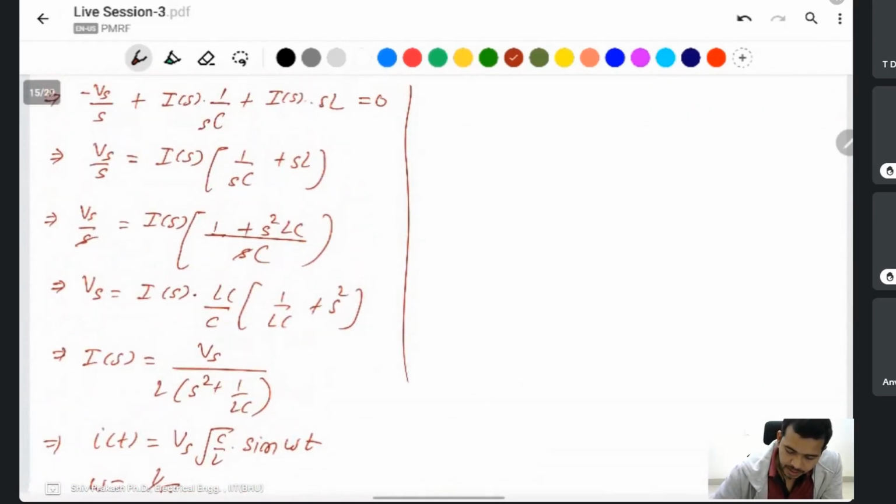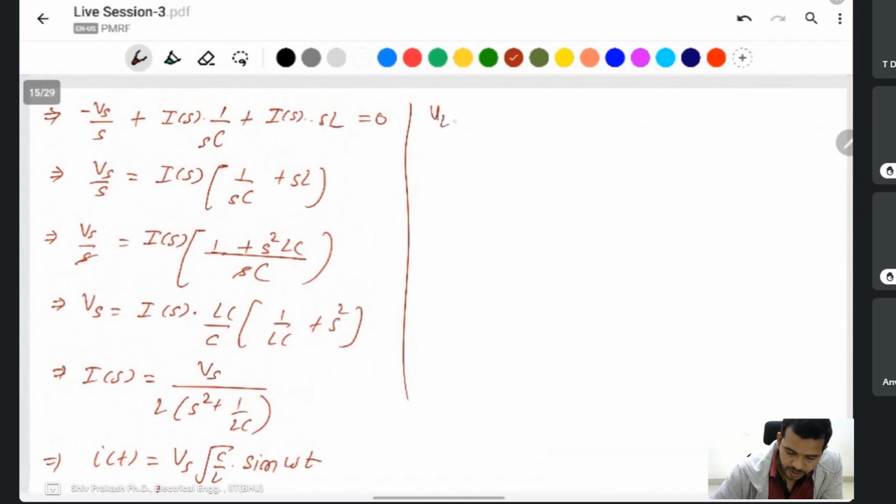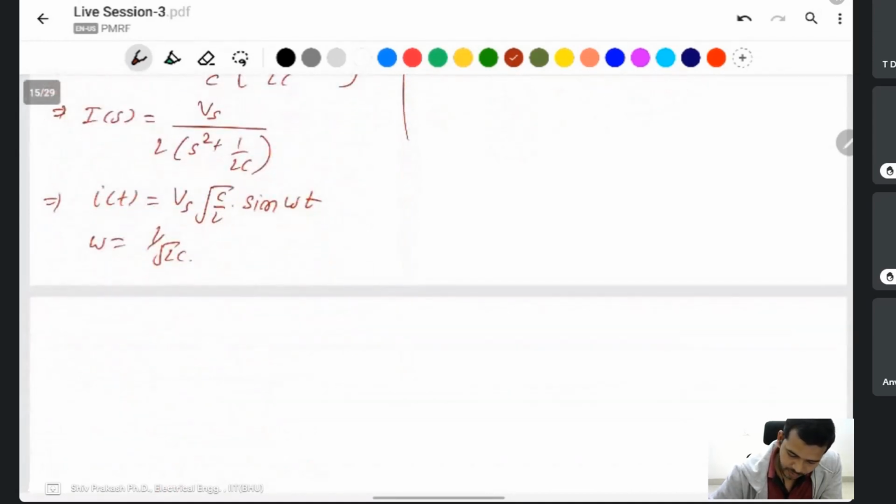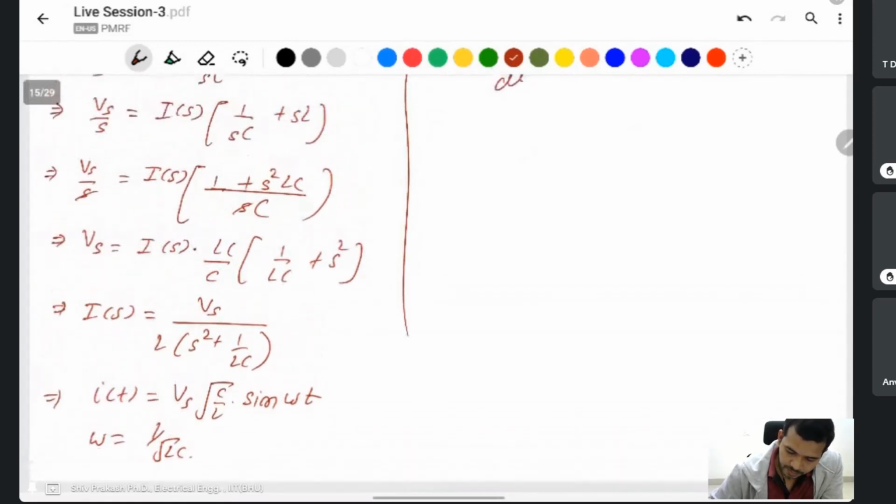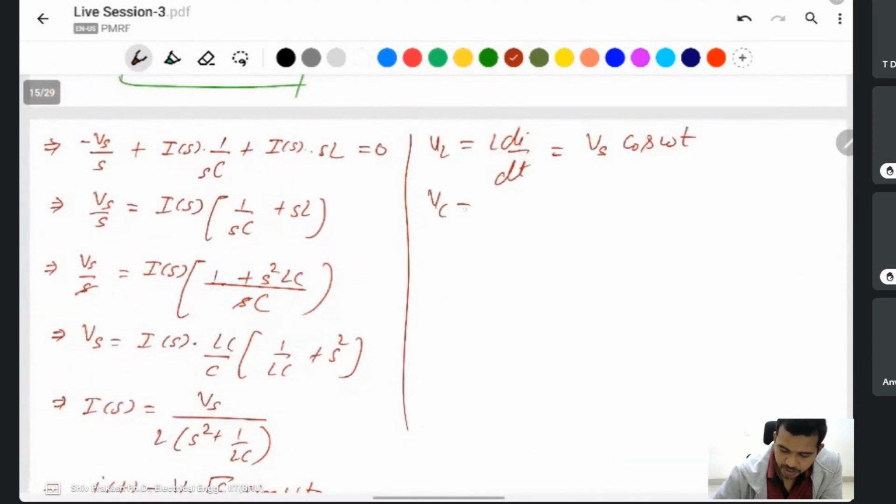Same as the inductor voltage, VL is equal to L di by dt. Same thing, we find Vs cos omega t. You differentiate this one, and VC will change.